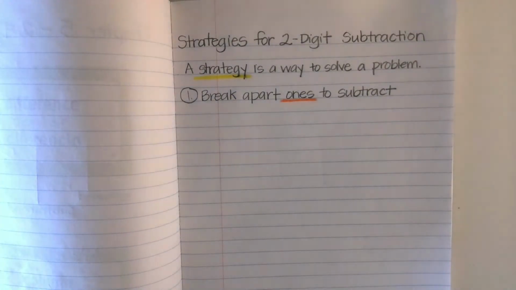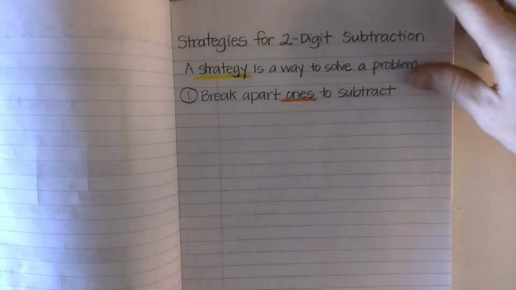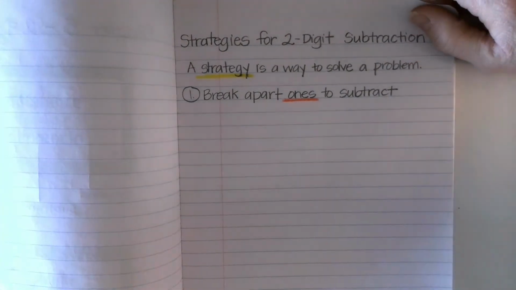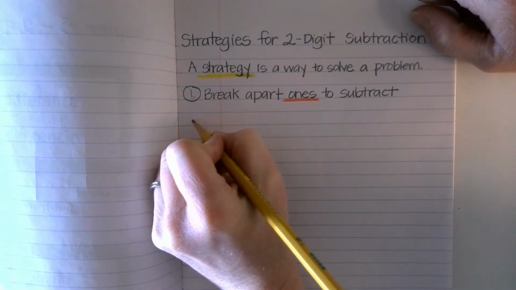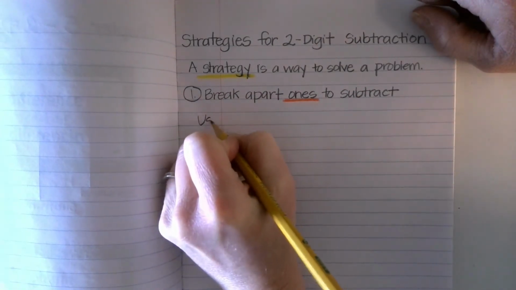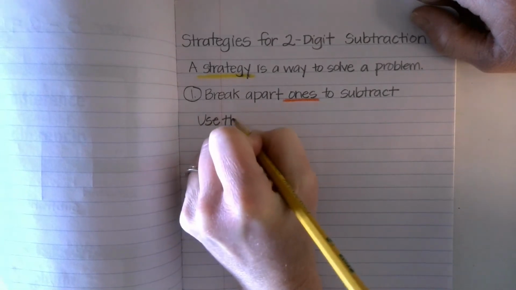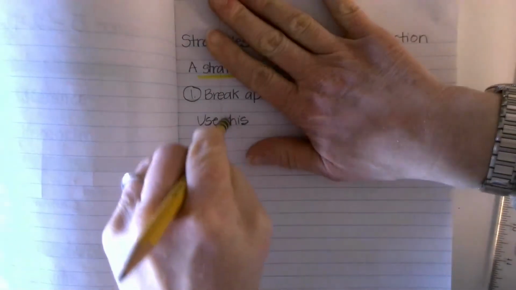Now, this strategy works for two-digit subtract one-digit problems, do you remember? Okay? I'm going to put: use this strategy for two-digit subtract one-digit problems. Oh, I didn't space that very well.